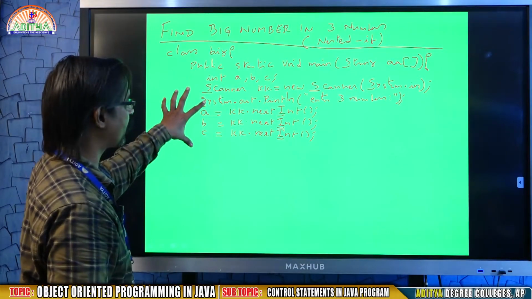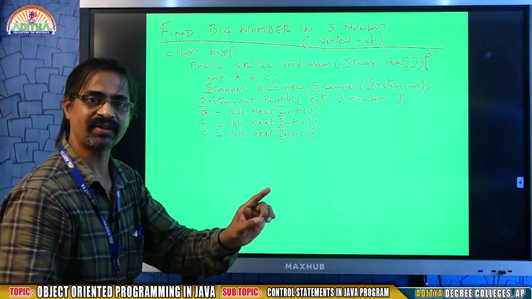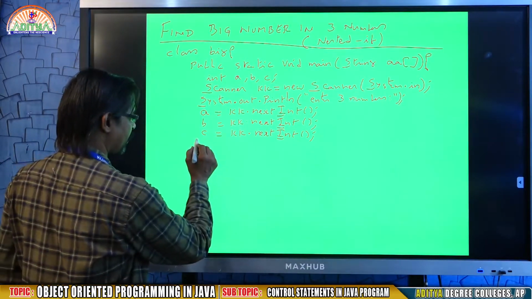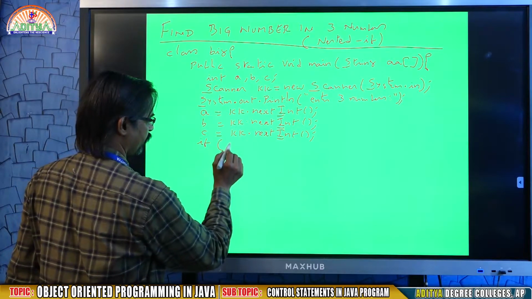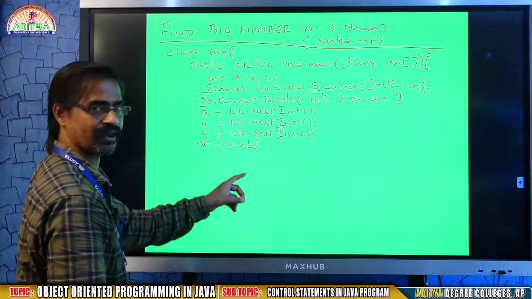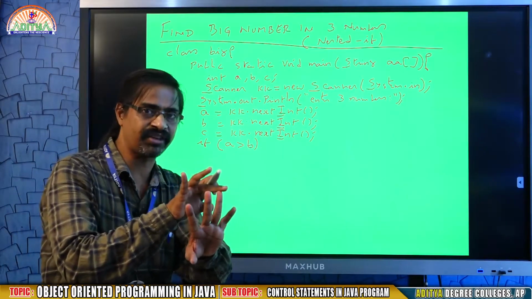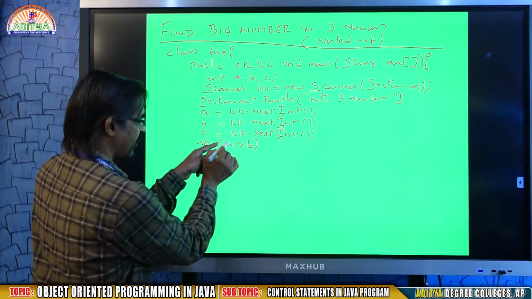I want to write this program using nested if, where an if statement contains another if statement. So I am writing if a greater than b. For example, among three numbers, when a is big, it should be more than b and c. That's why I am comparing a with b.